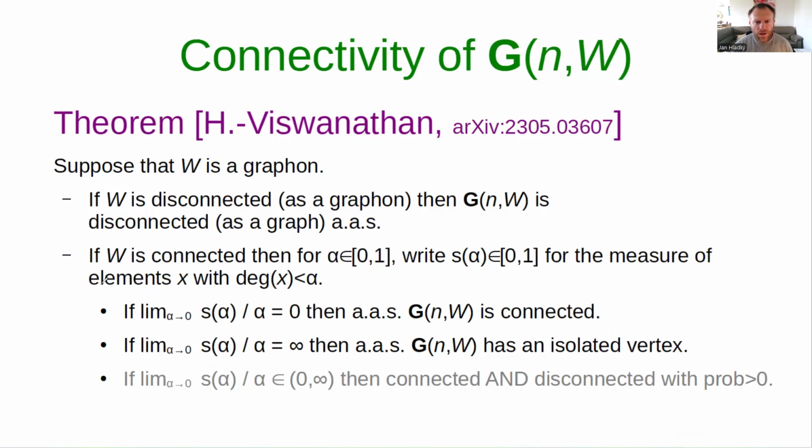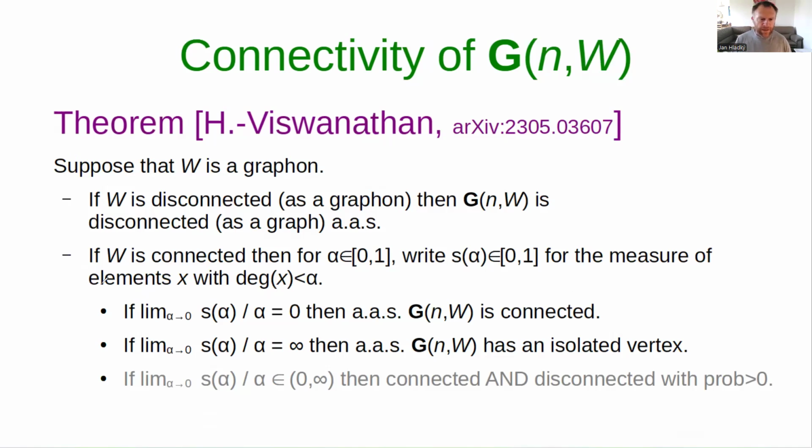Now, if S alpha decays faster than alpha as alpha approaches zero, low degree vertices are rare, and G(n,W) is connected. If S alpha decays slower, hence forming a heavy tail, the graph will contain an isolated vertex, asymptotically almost surely.